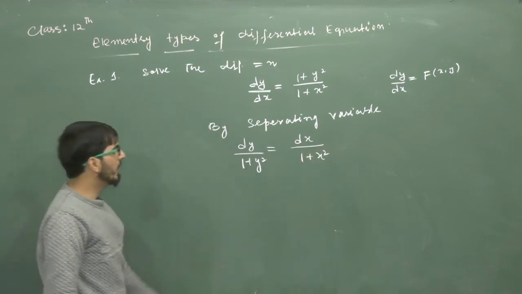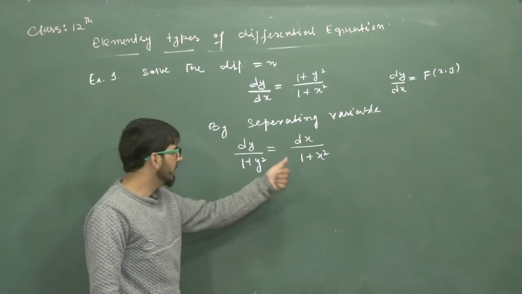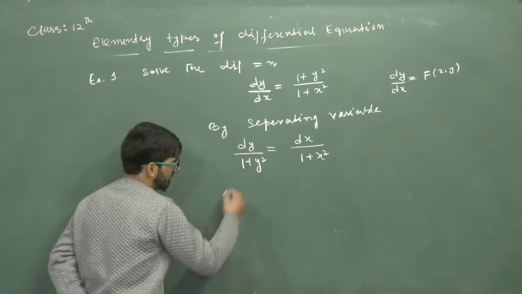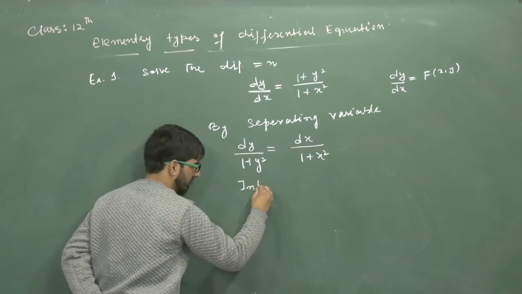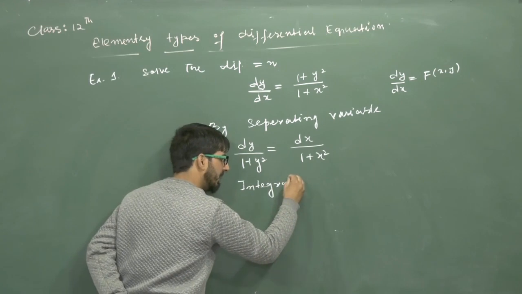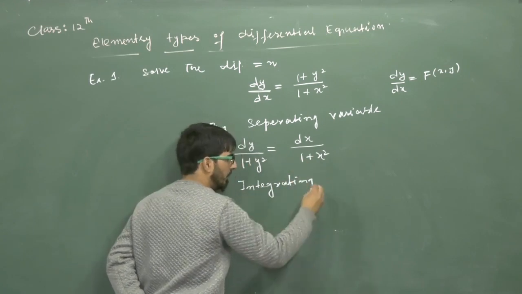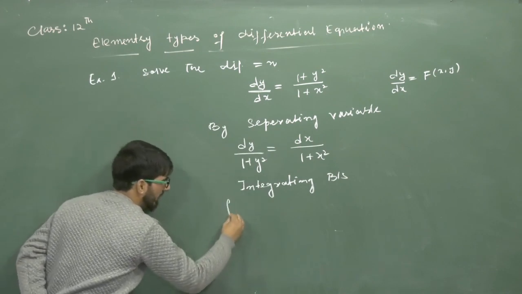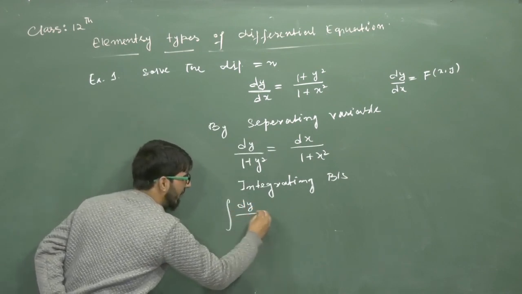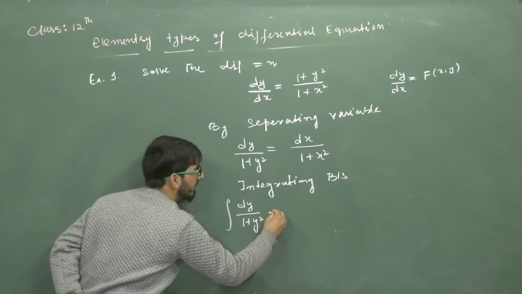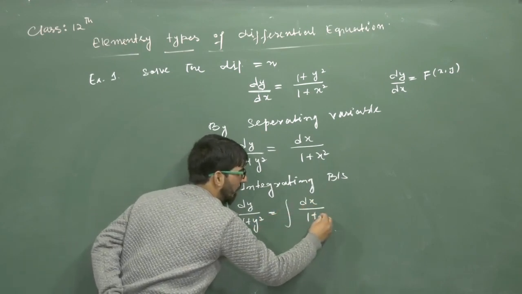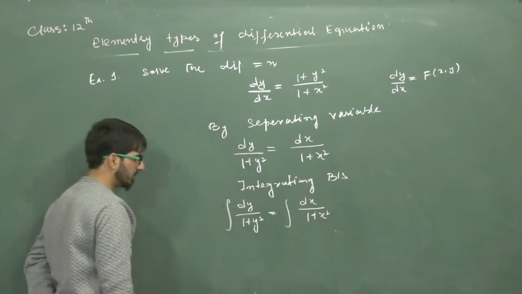As we have to find the value of y, we have to integrate both sides. So integrating both sides, we have integral of dy divided by 1 plus y square is equal to integral of dx divided by 1 plus x square.